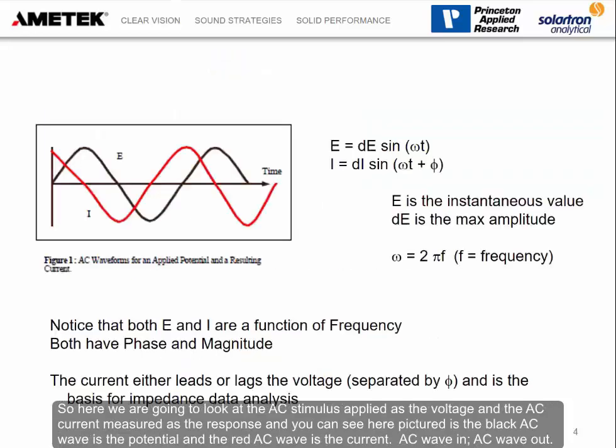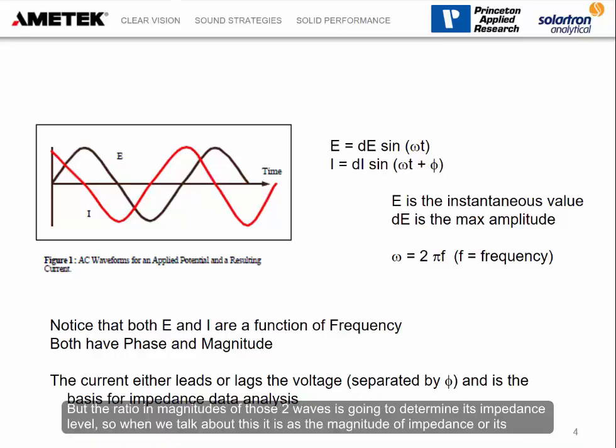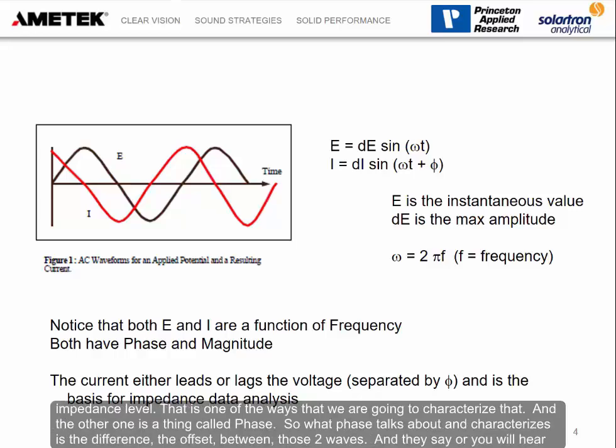So here we're going to look at the AC stimulus applied as the voltage, and then the AC current measured as the response. And you'll see here pictured the black AC wave is the potential, and the red AC response is the current. AC wave in, AC wave out. But the ratio in magnitudes of those two waves is going to determine its impedance level. So when we talk about the magnitude of impedance or its impedance level, that's one of the ways we're going to characterize that.